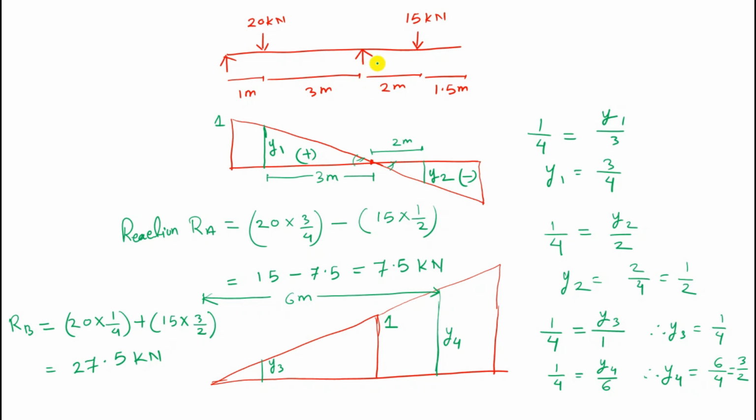So the reaction will be 27.5 kilonewton RB and 7.5 kilonewton RA.